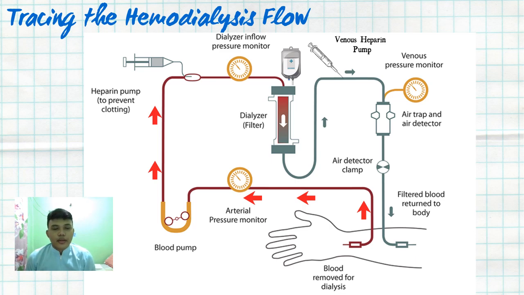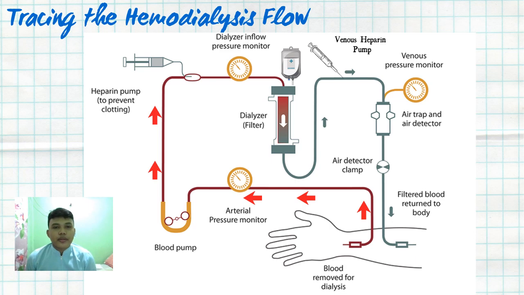Then after injecting the heparin and normal saline solution, the arterial pressure manometer is monitored, which is used to observe if there is an increase in arterial blood pressure in the tubings or in the dialyzer.